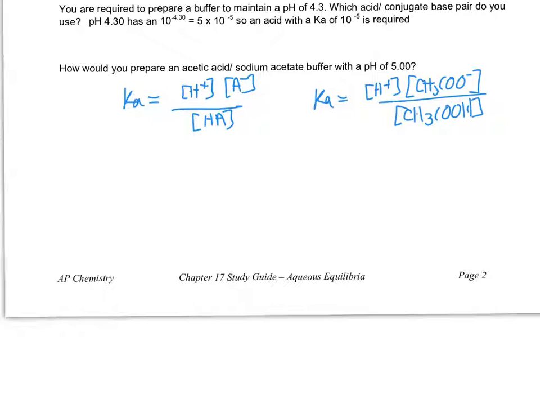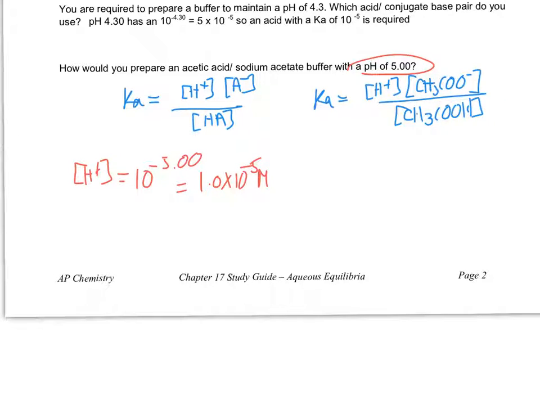All right, well, what do I know from here? Well, I know the Ka of acetic acid, right? I can plug that in. I also know what I want my H plus concentration to be because I know what the pH is. The pH should be 5.00, which tells me that I want my H plus concentration to be 10 to the negative 5.00, same thing as 1.0 times 10 to the negative fifth molar.